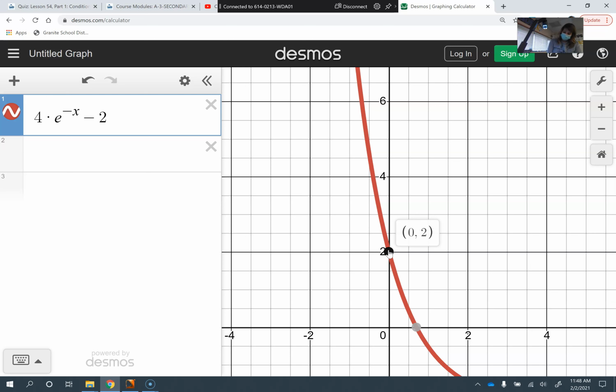This guy means shift up by 4. So we start at 0.5 and then we shift up 4. So that's why this guy is at 4.5. So this one is A. And now that makes sense because it is also growth.